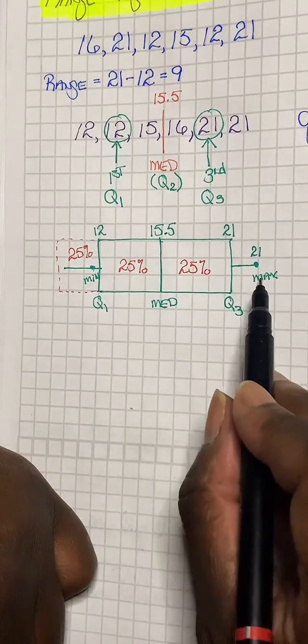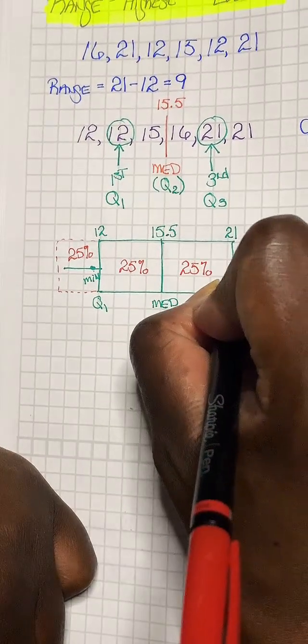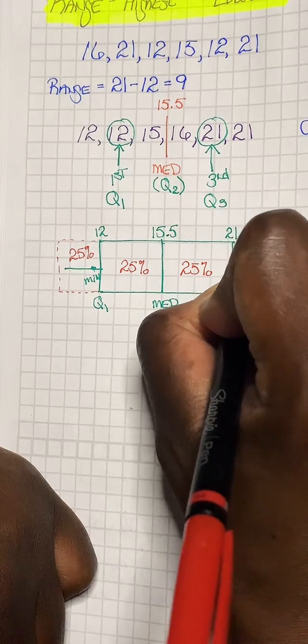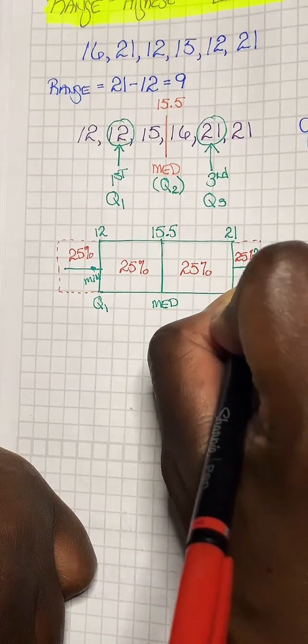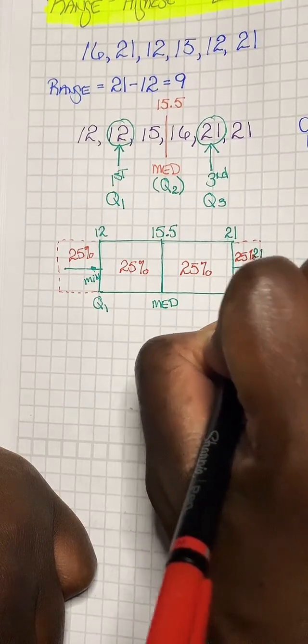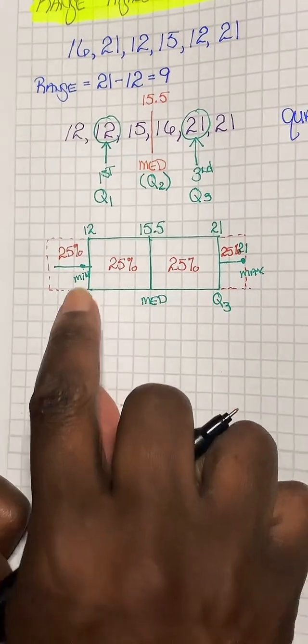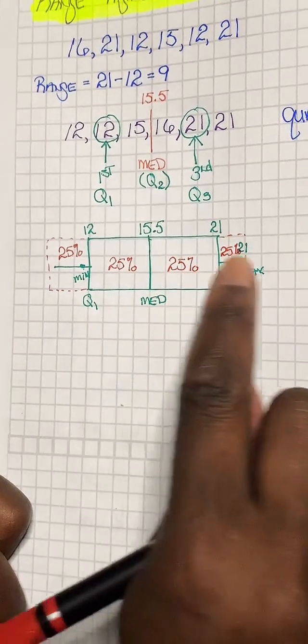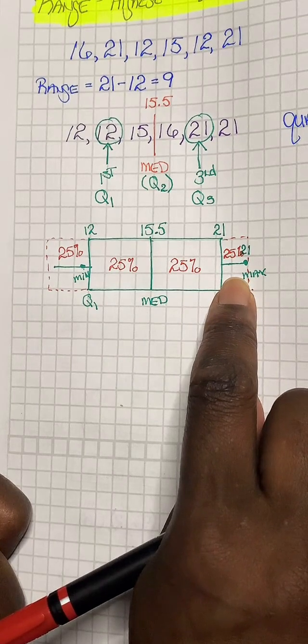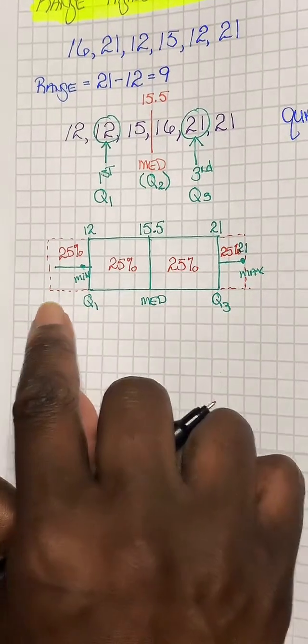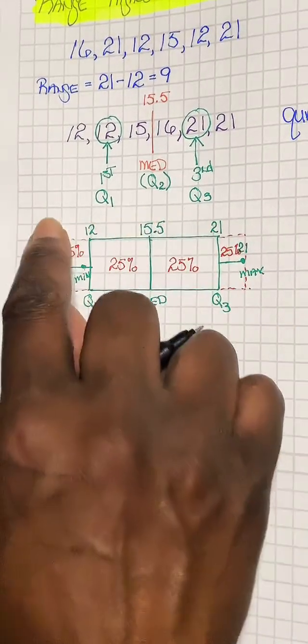And then from your Q3 to your maximum, that's supposed to also be 25%. So if you notice, we have 1, 2, 3, 4 quarters. And what does 4 quarters equal? $1 whole dollar.